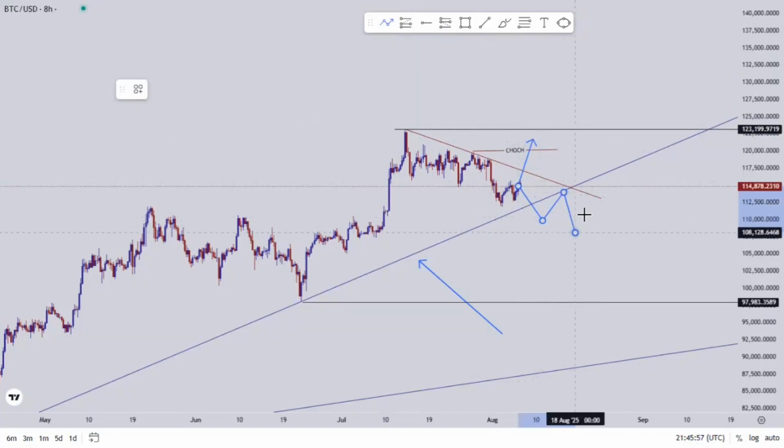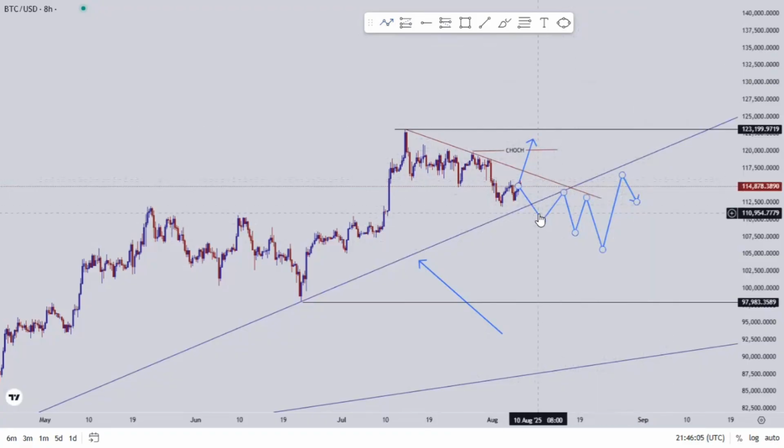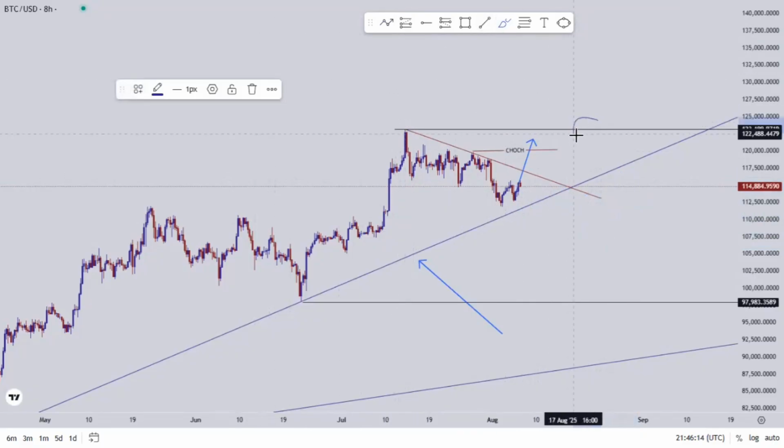You can still play along with this lower time frame trend line, pending when the character changes and it starts going up. The moment we have a change of character on this 8 hourly time frame, know that the next point of target is this overall liquidity residing above here.